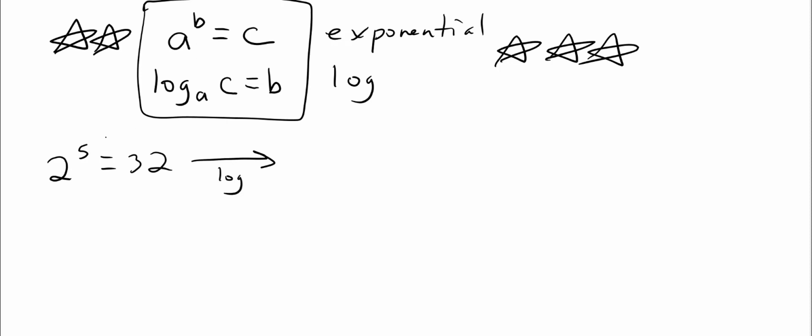A is 2, B is 5, and C is 32. So you're going to write that as log base A, which is 2, of C, that 32, equals B, and B is the exponent, 5. There we go. That's it. That's all you have to do.